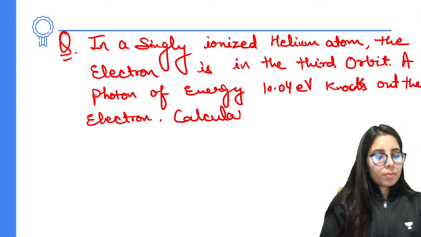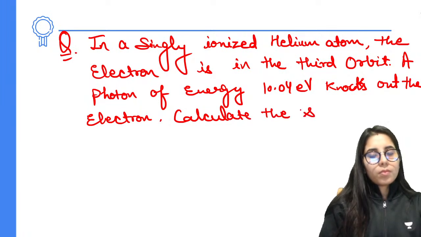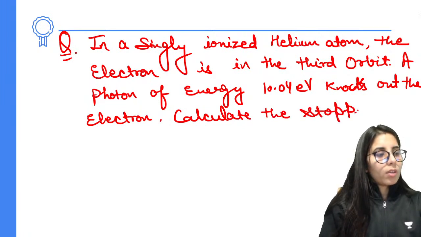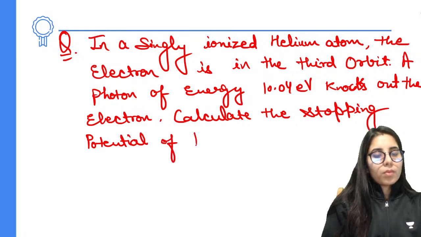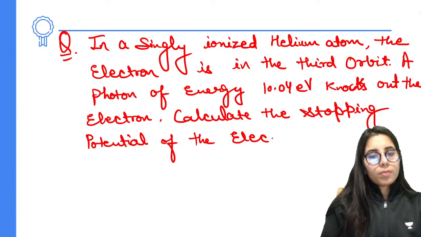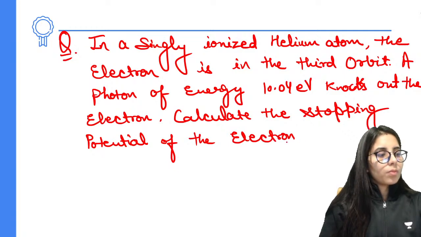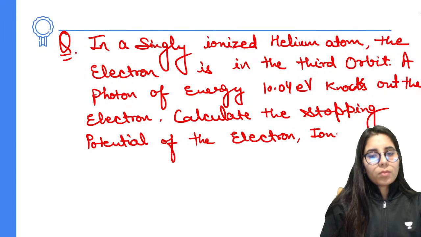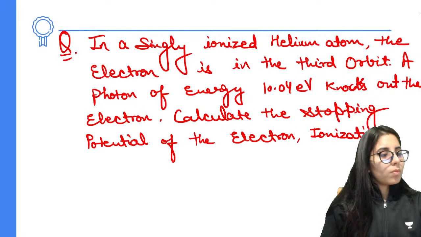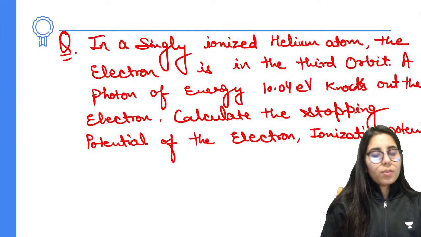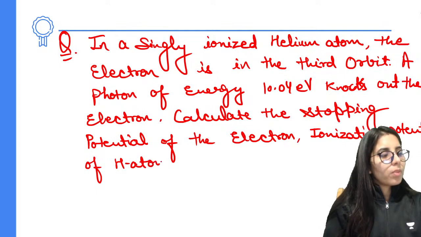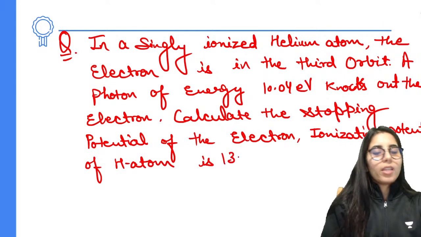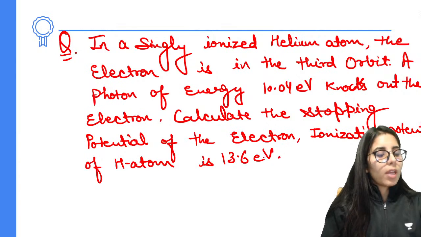Calculate the stopping potential of the electron. The ionization potential of hydrogen atom is 13.6 electron volts. Okay, that's what we are going to have.